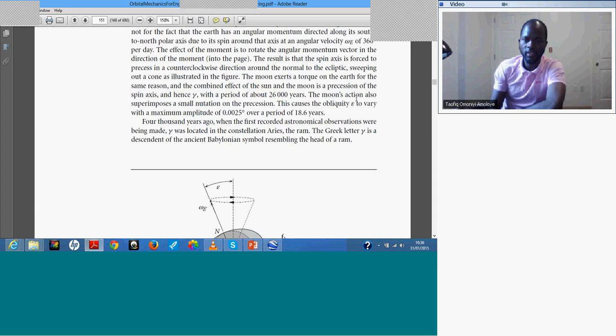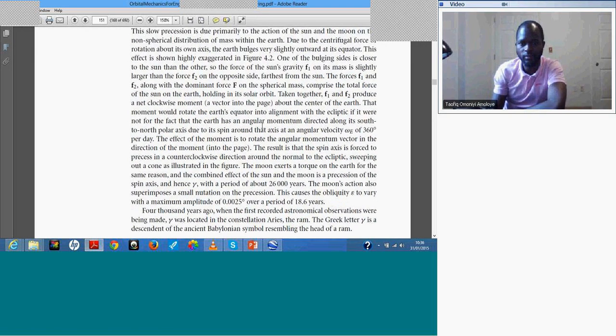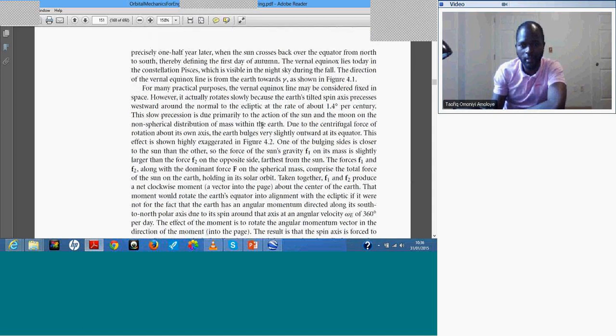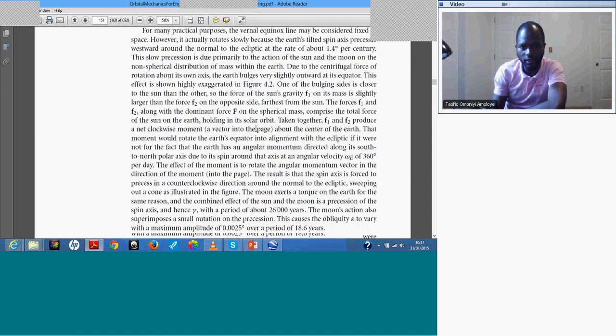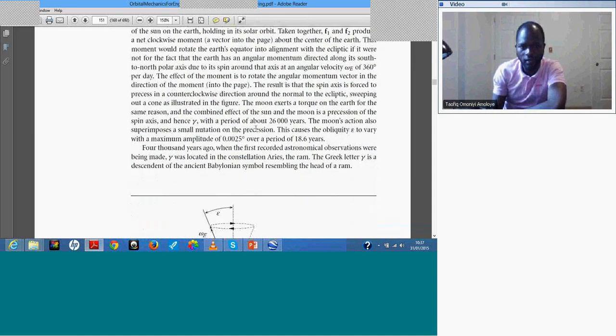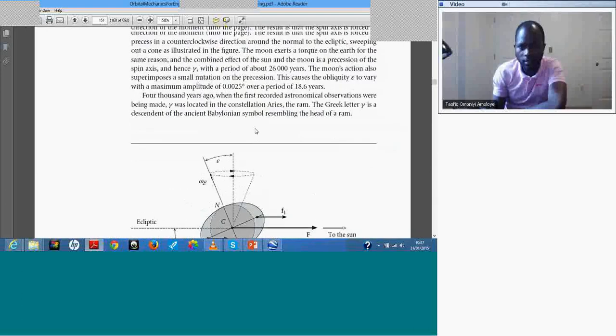The moon also superimposes a small limitation on the precession. This causes the obliquity to vary with a maximum amplitude of 0.0025 degrees over a period of 18.6 years. You have noticed that the book here quotes the obliquity to be 23.4 degrees.